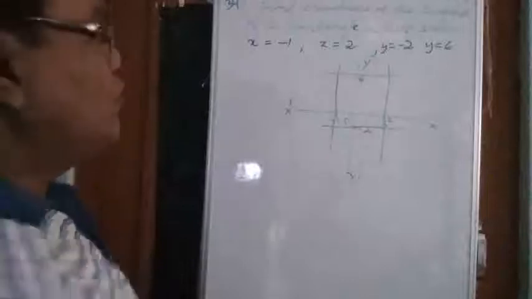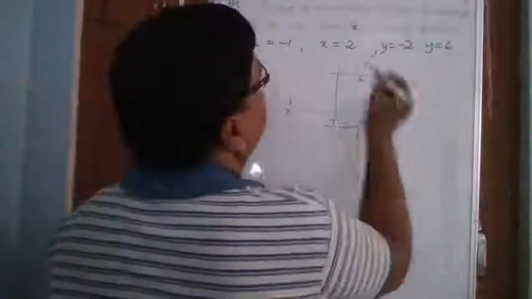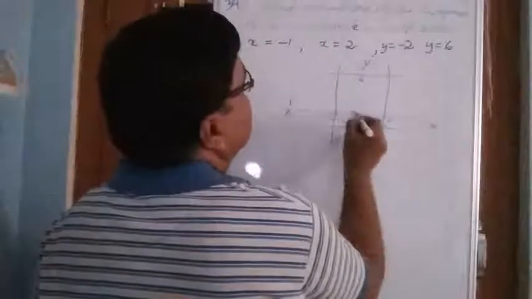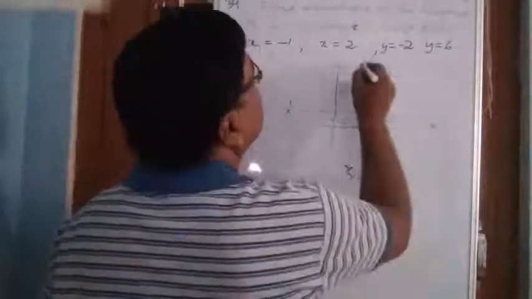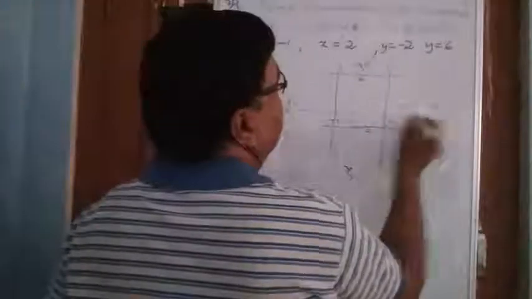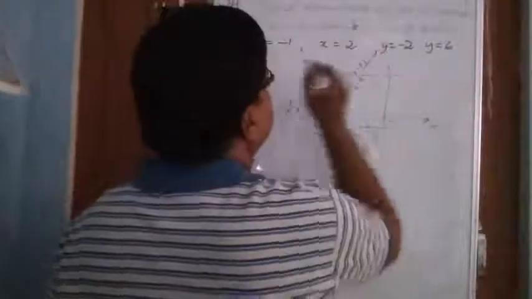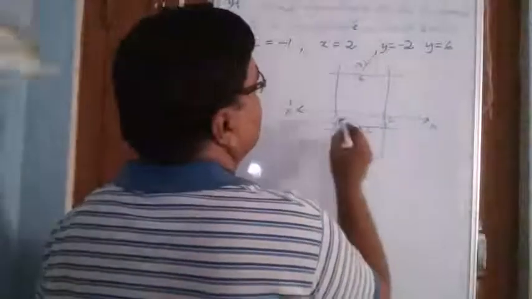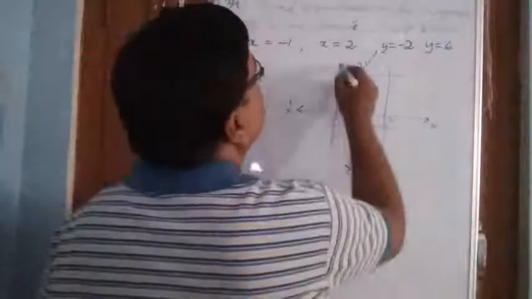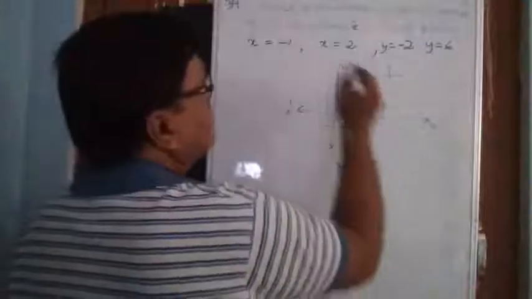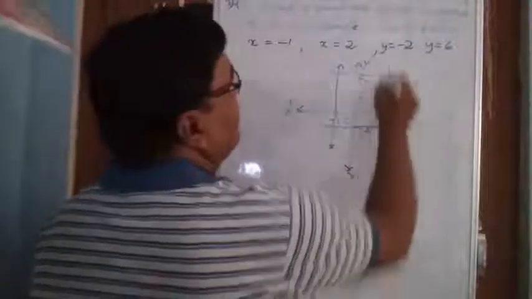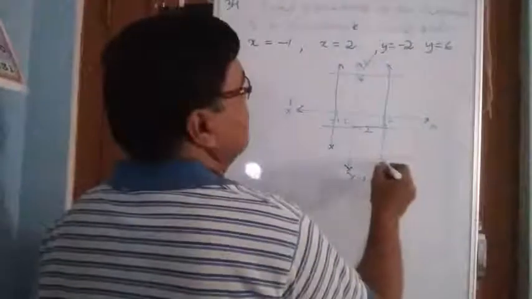Here is your x-axis and this is your y-axis. It is given x is minus 1, so the line is parallel to the y-axis. X is 2, parallel to the y-axis again, at a distance of 2 units on the positive side.